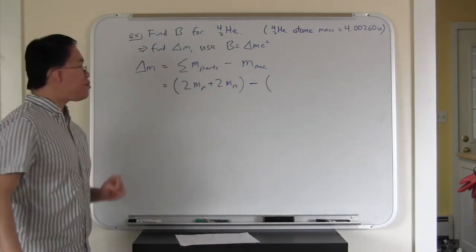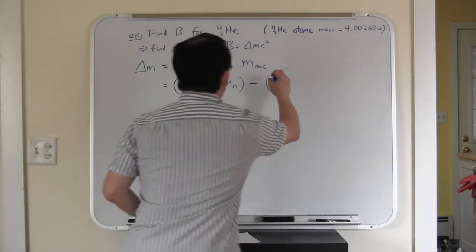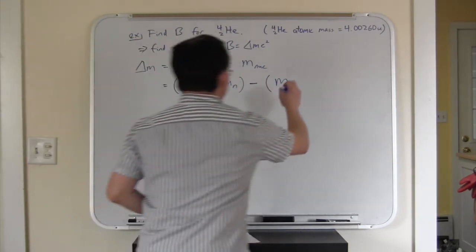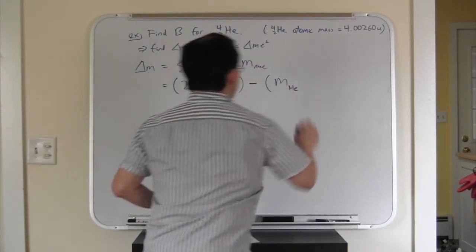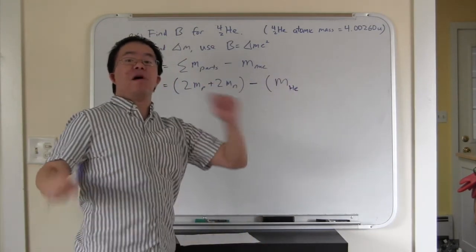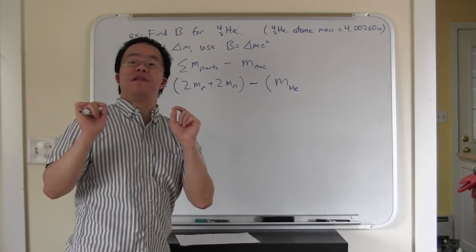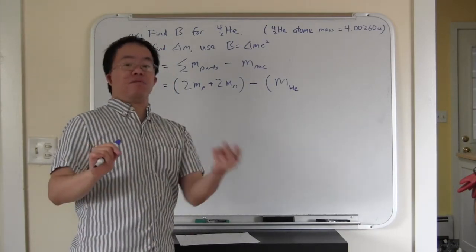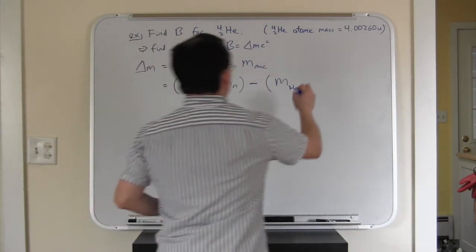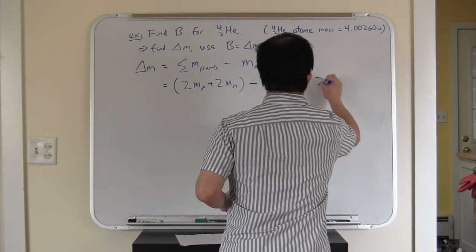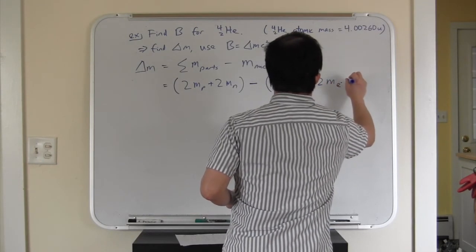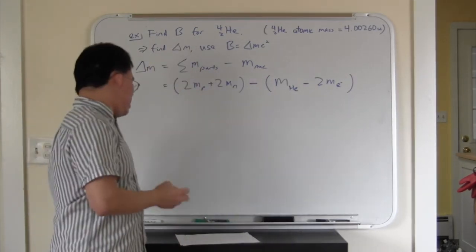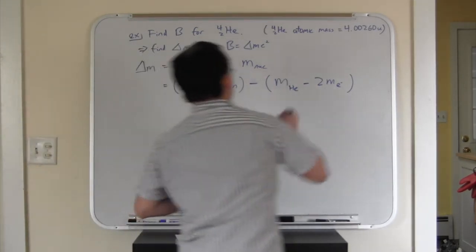We have to be careful because the nuclear mass is the atomic mass of helium, but that atomic mass also includes the helium atom's electrons. Helium has 2 electrons, so we need to subtract off the mass of 2 electrons to get just the nuclear mass.